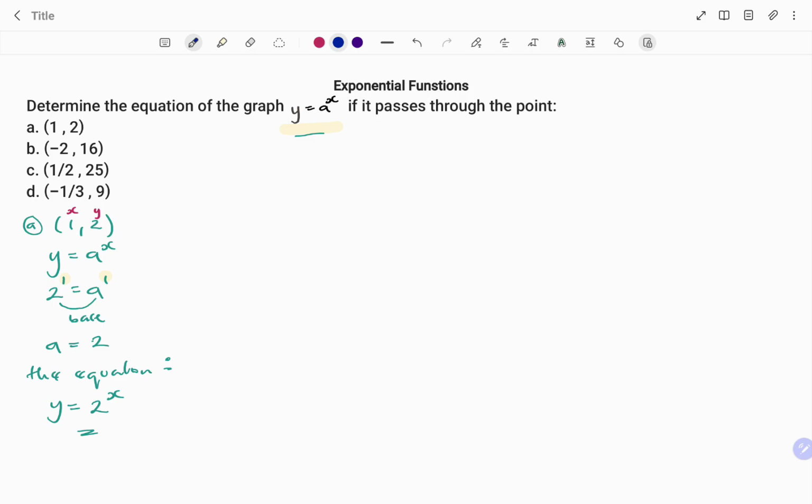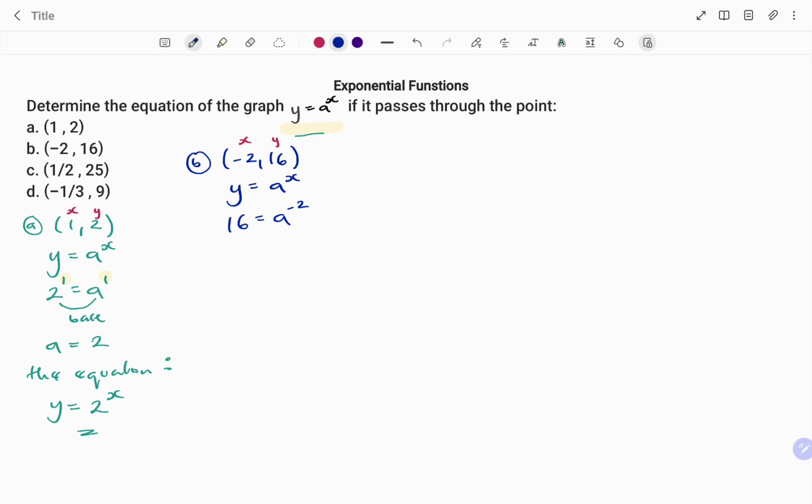For the second example, we have the point -2 and 16. Using the coordinates x is -2 and y is 16, we have y equals a to the power of x. Substituting the values of y and x in order to find a, we have 16 equals a to the power of -2.